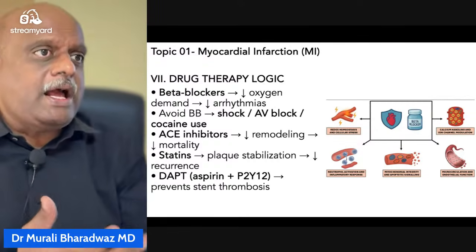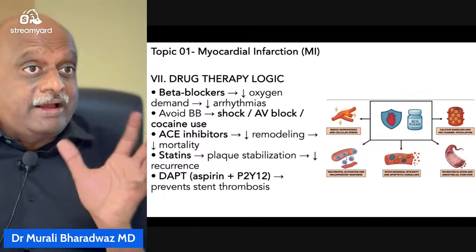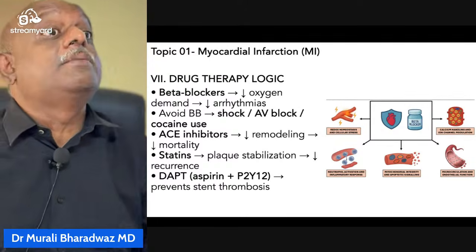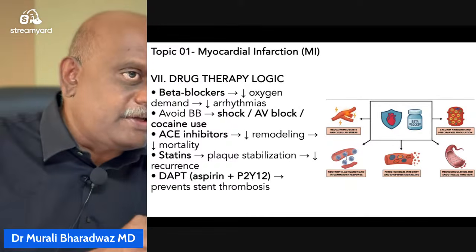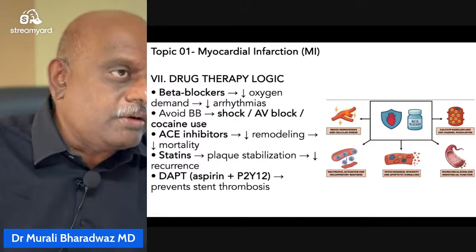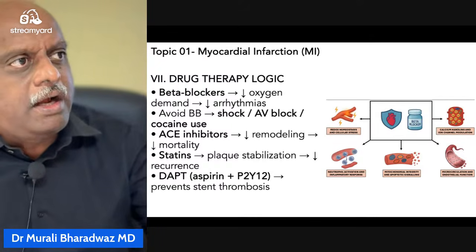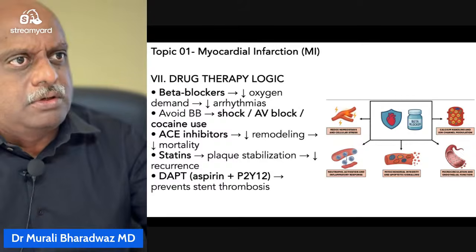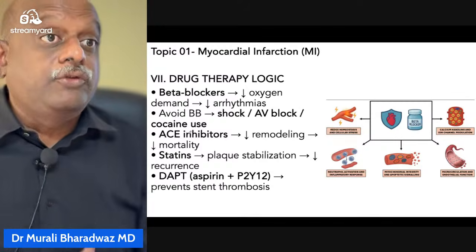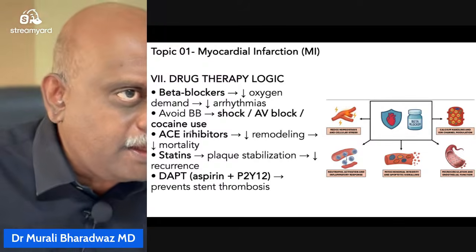We give ACE inhibitors. ACE inhibitors decrease the remodeling of the heart, and that will decrease the mortality. Whenever a heart suffers ischemia, there is scar formation. That scar formation creates remodeling of the heart, which makes the heart lose contraction, so myocardial contractility is affected. If you give ACE inhibitors, they decrease the remodeling and decrease the mortality.